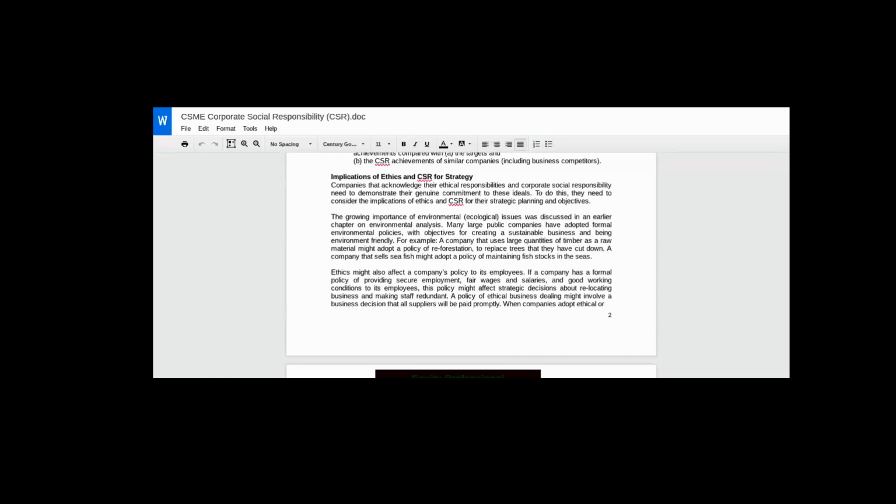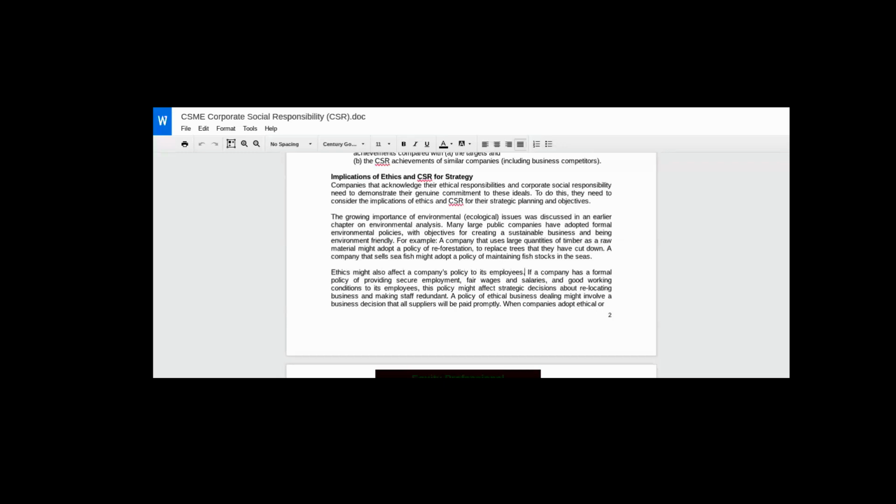Another implication of CSR is that CSR attracts expertise, it attracts potential workers, it helps us to retain existing loyal customers too, if well implemented. Because when you look at that paragraph 3, we say ethics also affect a company policy to its employees.